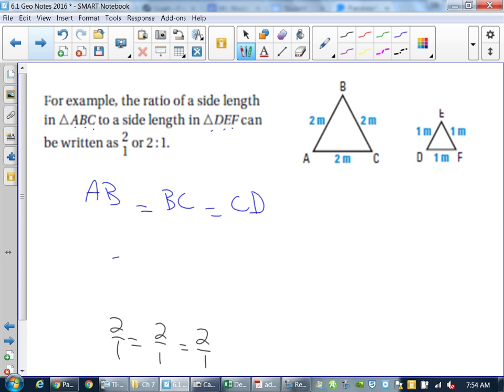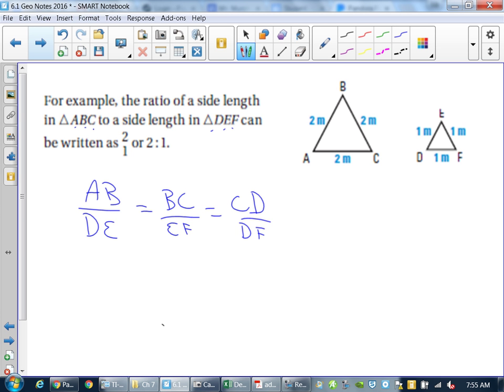Notice I just put the letters in order of the segments, and I do the exact same thing with the corresponding other triangle. Was it DE? That's all it is. The lettering corresponds to make a fraction.